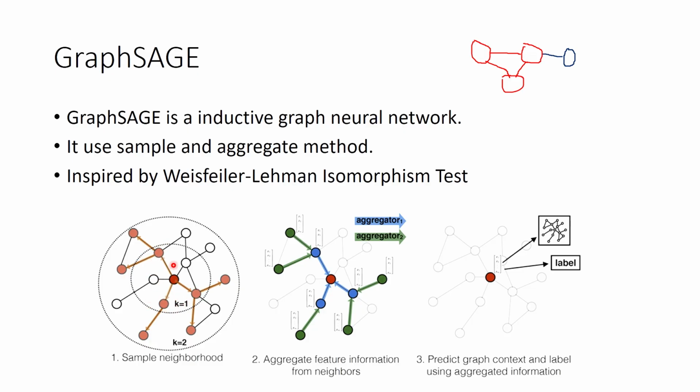So we aggregate these three and take their mean. Like we add these three nodes and aggregate into that.